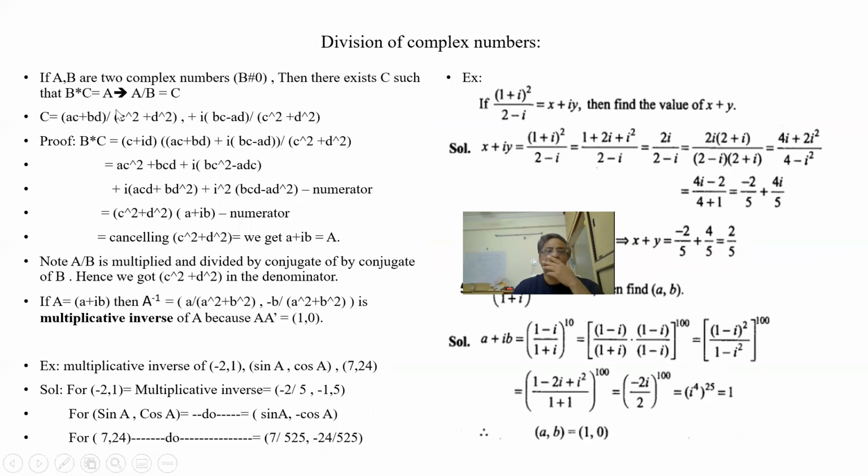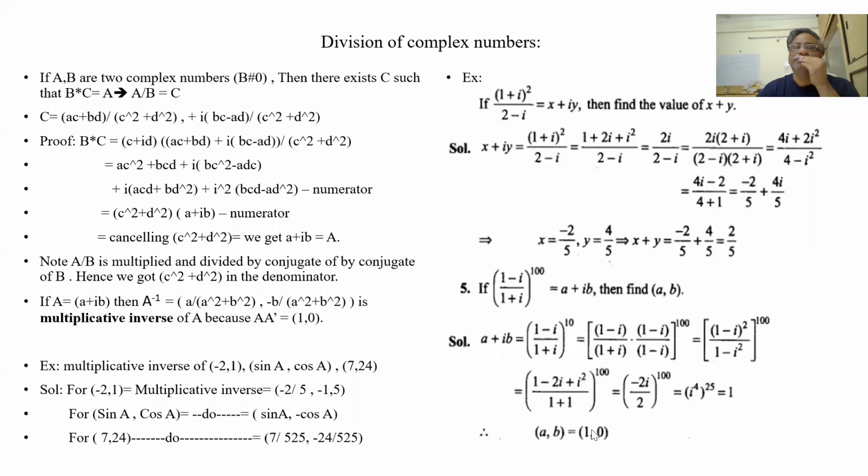Let us see how the division process has arrived. Let c be equal to AC plus BD by C square plus D square. So this is a derivation.